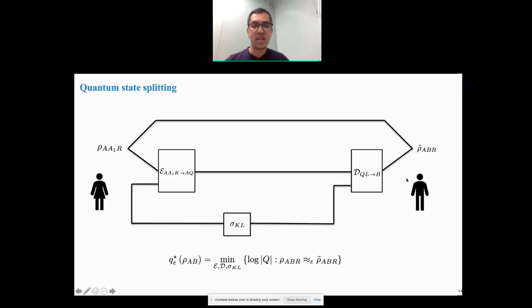To do so, they have access to some pre-shared resource state, such as free entanglement, for example, and then Alice applies an encoder, and the output of that is A and Q, where Q is the register that goes across to Bob. The state at the end of it, rho tilde, hopefully is close in purified distance to rho. And we would like to minimize the communication cost, which is the log of the dimension of Q.